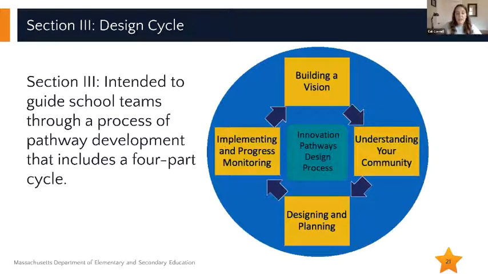And then the final recommended design process phase is implementing and progress monitoring. When you're in this stage, you already have your students enrolled in the program, and they're taking part in the pathway. The materials shared within this section are intended to support growth and improvement of your pathway programs. In this section of the toolkit, you'll find materials around program self-assessment, reflecting, and protocols related to addressing emerging issues.